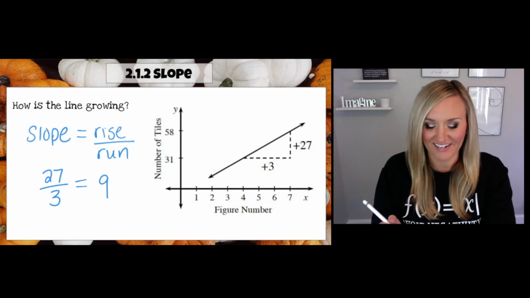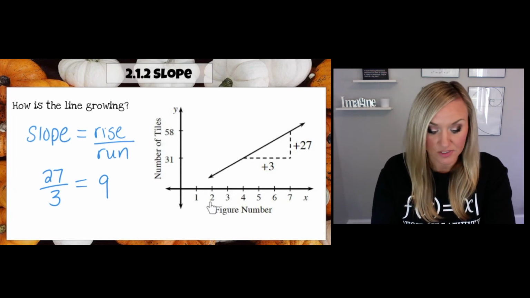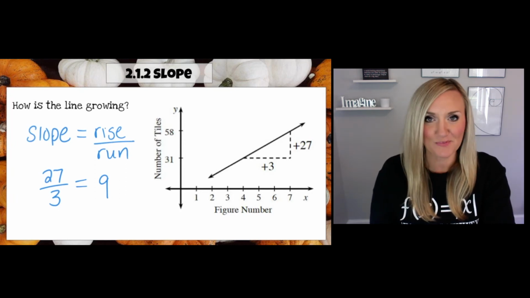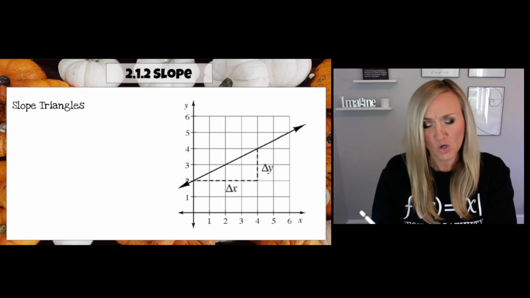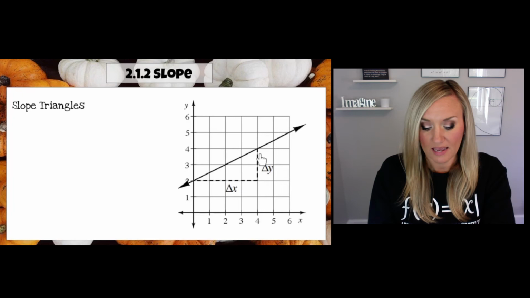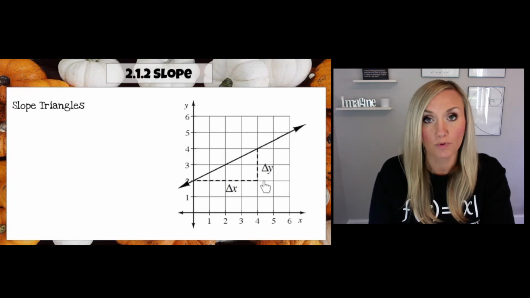Good. All right. Now, you can think about it as tiles, though, right? As the figure is getting larger by 1, it's growing by 9 tiles. All right. So slope's super cool and important. Okay, so we like to think of slope as triangles, right? Why not? Every time that we look at a slope, it's really looking at a slope triangle.